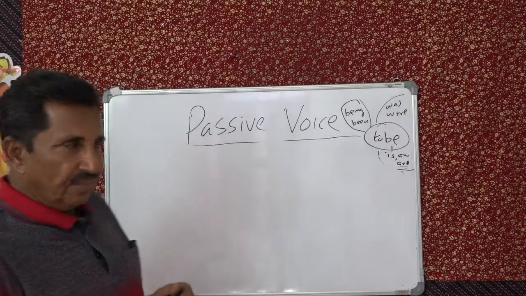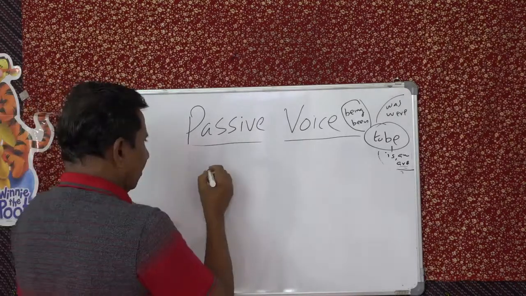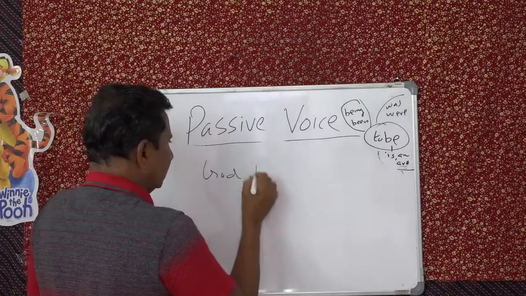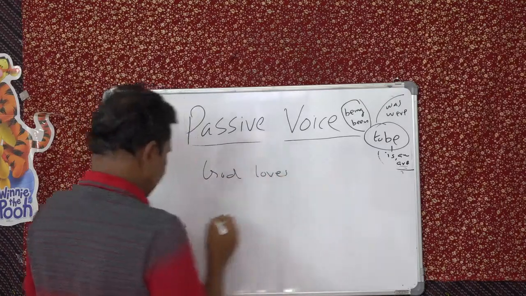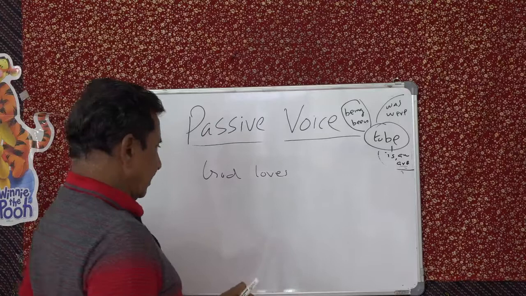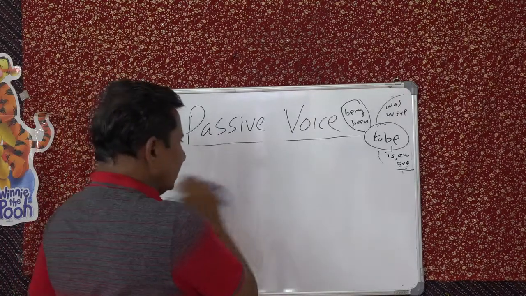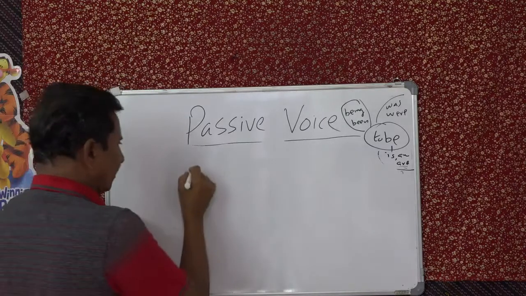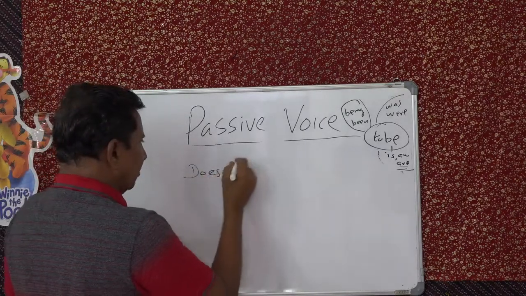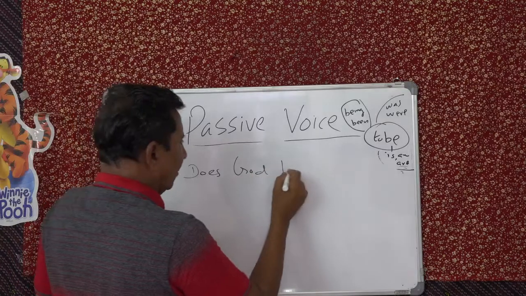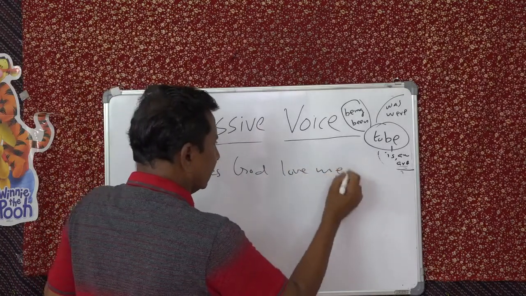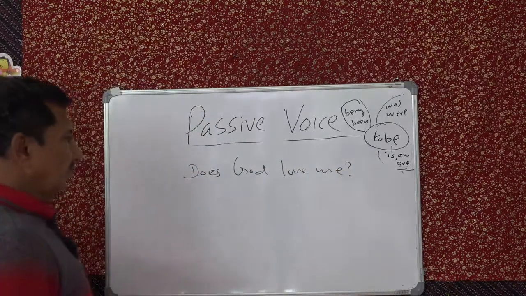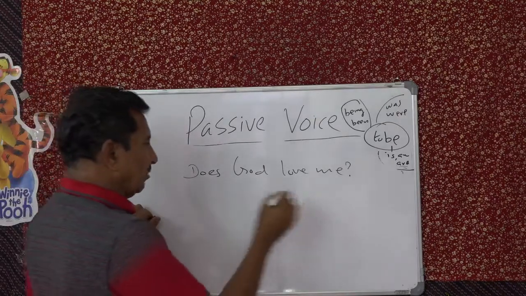God loves me. Simple. Now question again. Let's make the question. Does God love me? You have a doubt. So what will you do? What will be the sentence straight away?